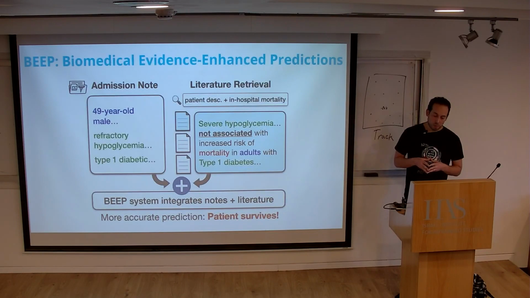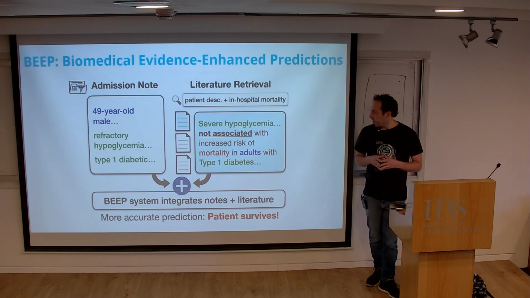When we hide the literature aspect and only use the state-of-the-art approaches that look at the admission note, the model made the wrong prediction, that the patient is going to die during the ICU stay.